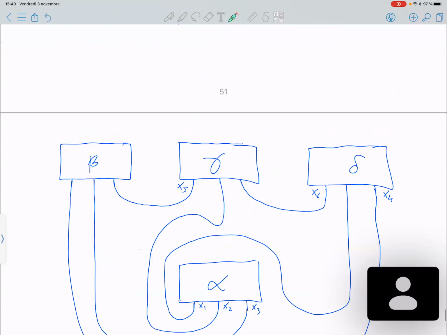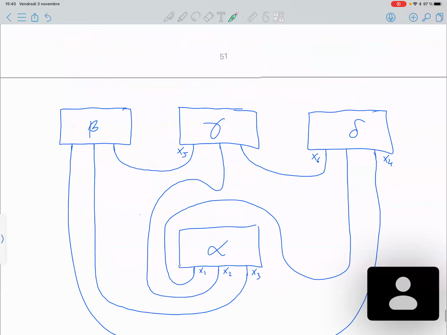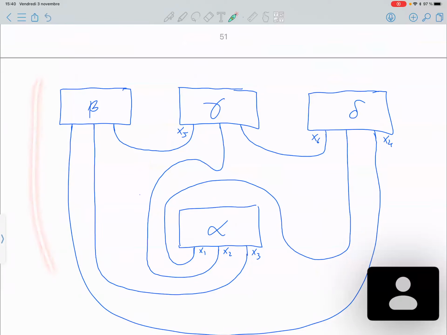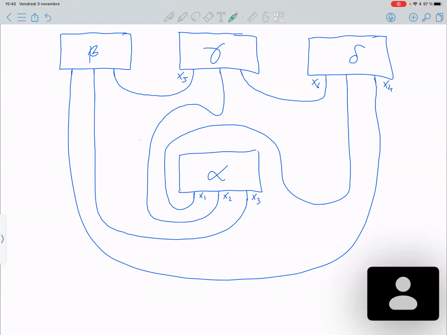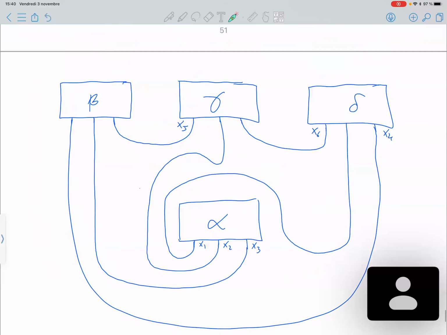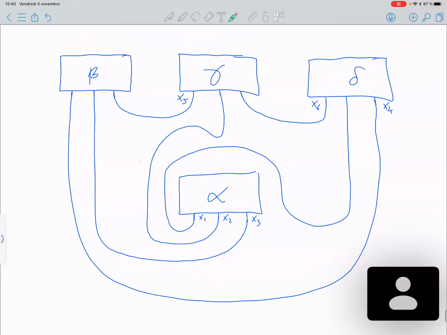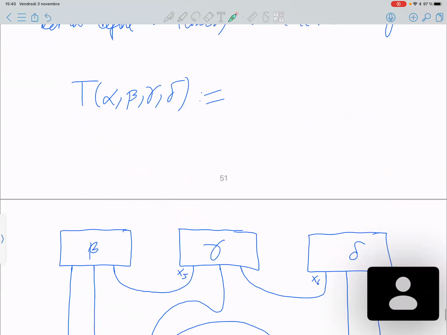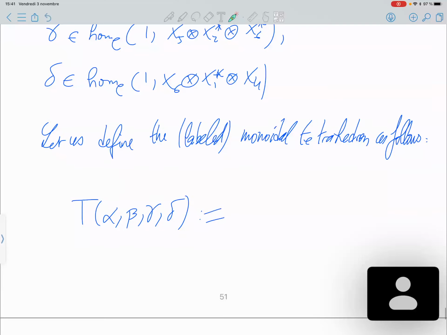But if you don't like graphical calculus, you can, as an exercise, try to write the formula for this picture. It will be quite complicated, but it's possible. But we don't need to, because the graphical calculus is well defined. So this is our monoidal tetrahedron labeled with morphisms.